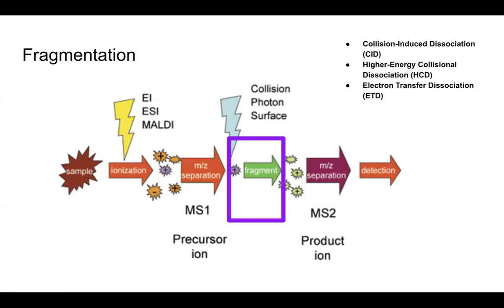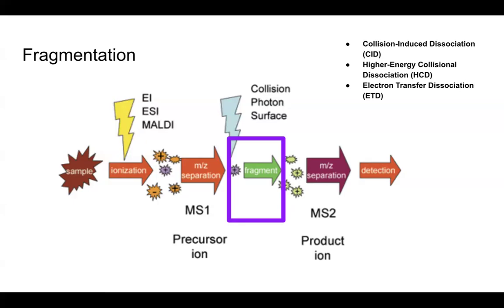Another method would be higher energy collisional dissociation, or HCD. Similar to CID, this one generates higher energy collisions though. It still facilitates a collision, but using higher speeds and higher energies. So it provides a broader range of fragment ions.